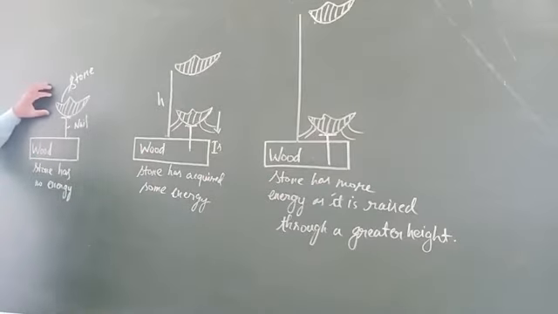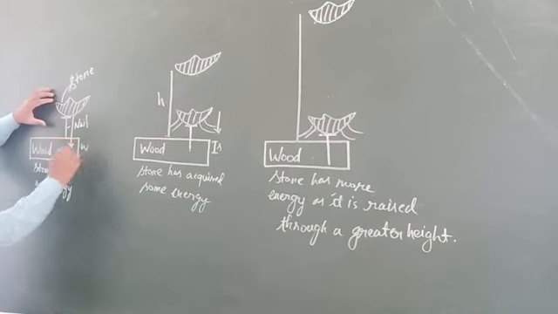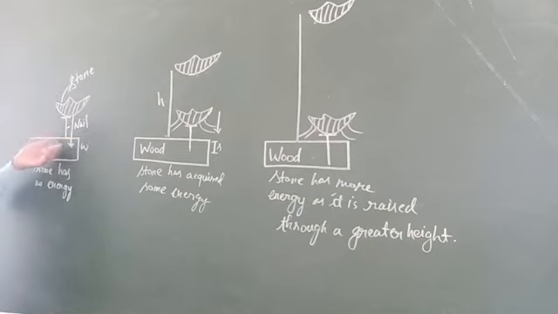Here we observed that the stone has no energy, because it is not raised above a certain height. But students, you know that the weight of the stone is acting downward. So if we have to raise the stone through a certain height from the ground level, we have to do some work against the force of gravity.